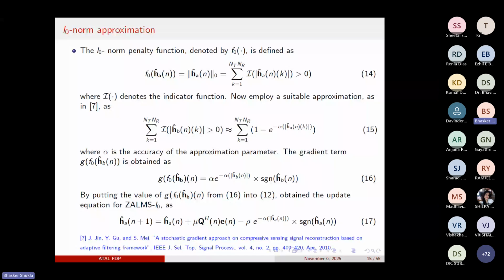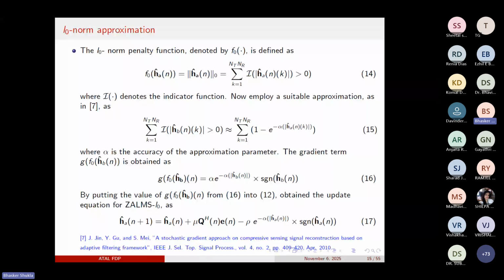Here we have applied the L0 norm penalty function, and on the basis of that I have found the gradient descent, and the update equation is given by equation 17.